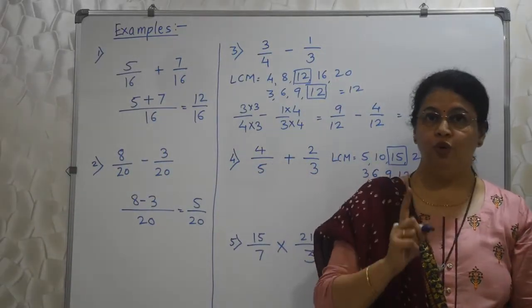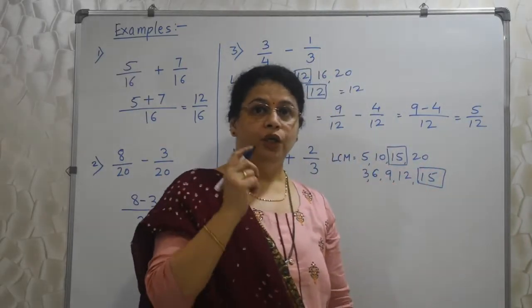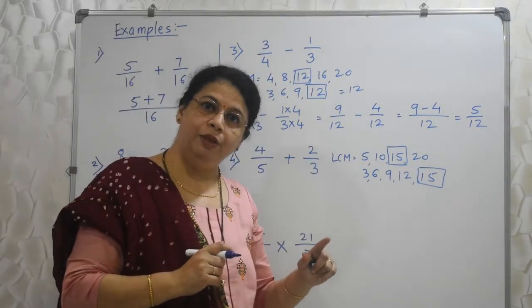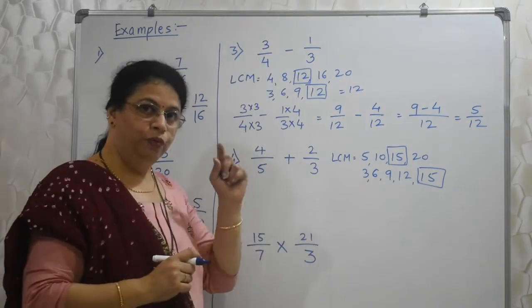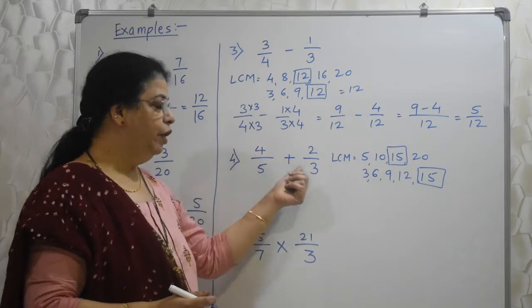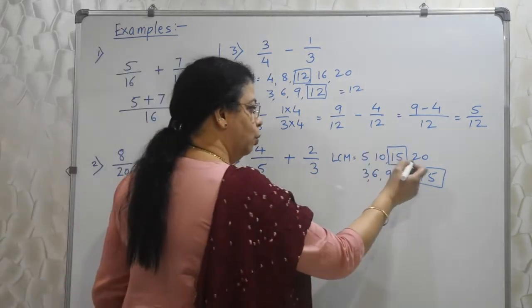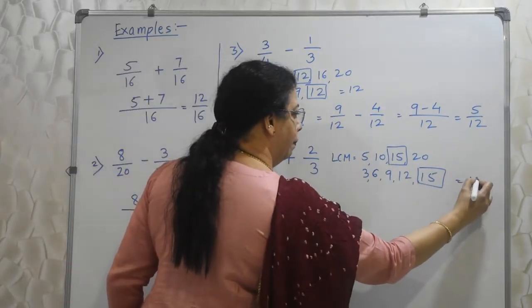Okay, you are supposed to know what are co-prime numbers too. Whenever two numbers are co-prime, their LCM is always their product or multiplication. So the students who know that don't have to write this at all. 5 into 3, 15. But never mind, you can write this way also. So 15 is the LCM.